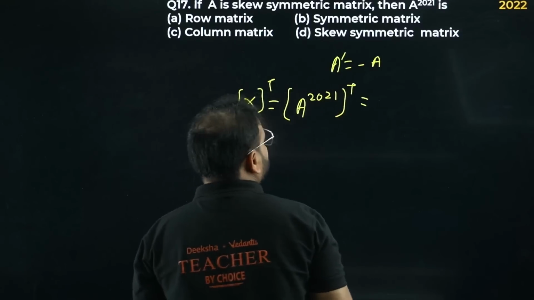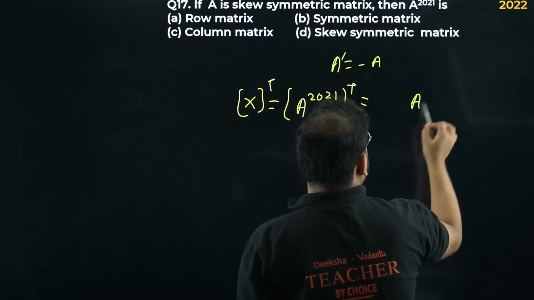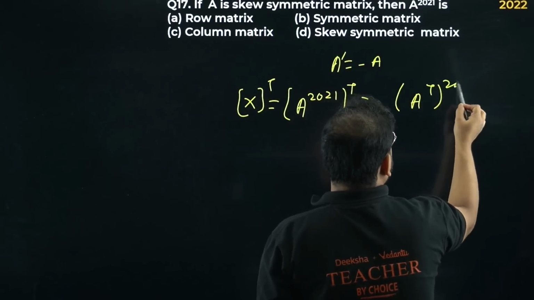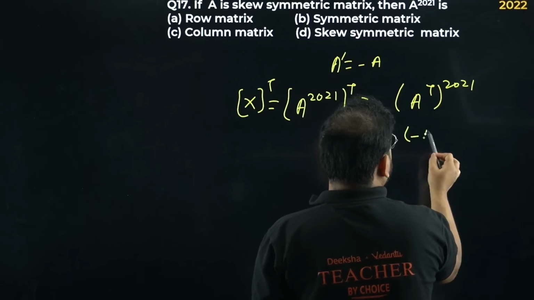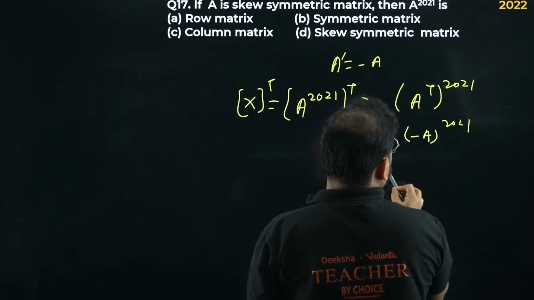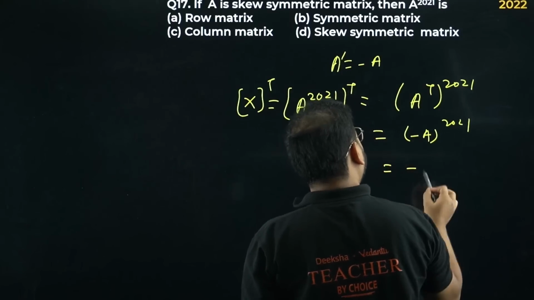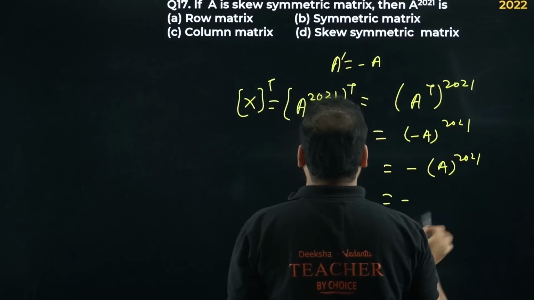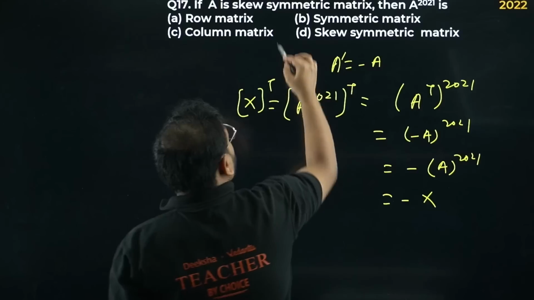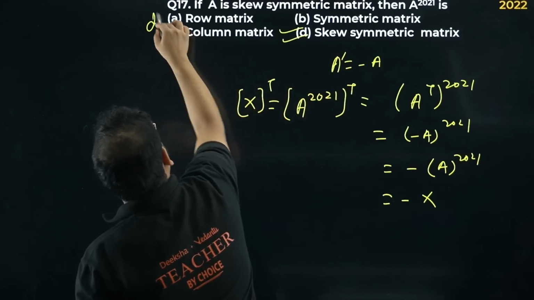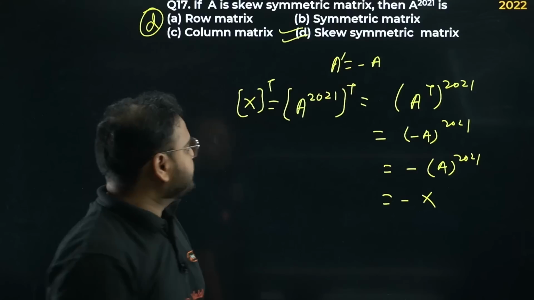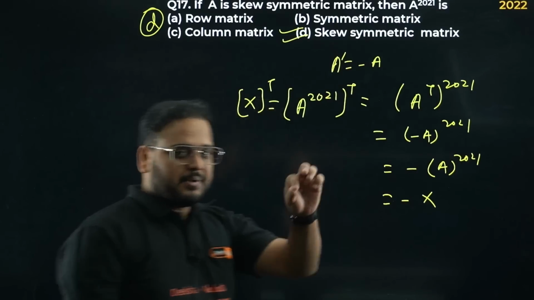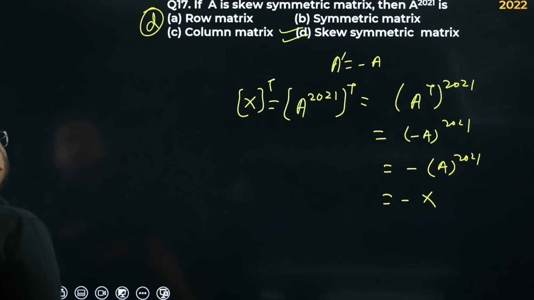I'll have this as A transpose to the power 2021, so minus 1 A to the power 2021. The minus sign will come out because of the odd power. I'll get basically minus X. Answer is option D, skew symmetric matrix. Simple question, 2022. Please move on.